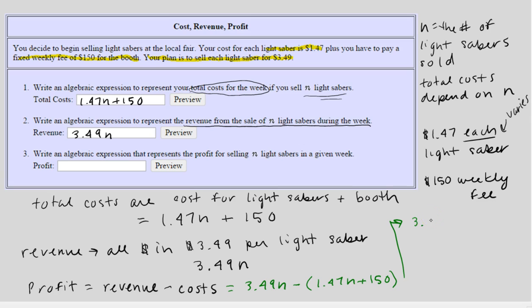So it would be 3.49n minus 1.47n. Distributing the minus here, minus 150. And that makes sense because we have to subtract off from our revenue the cost of the booth. Now combining these are like terms, so we can just subtract the coefficients.